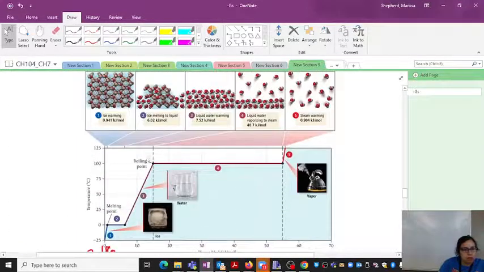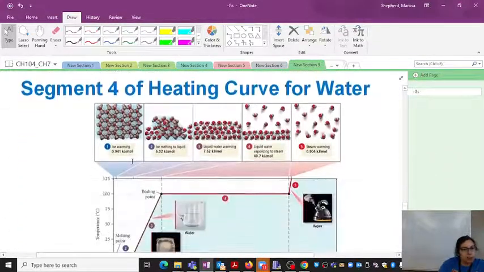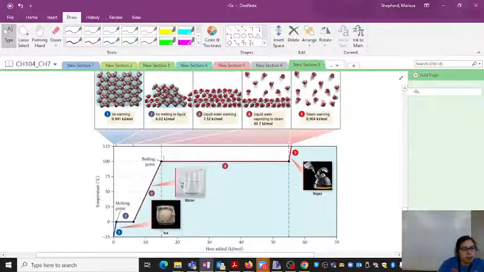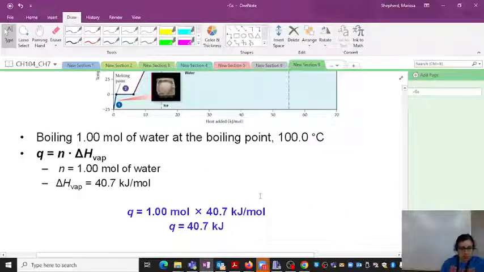So now we've brought it to the boiling point. So now it's time for this segment 4 here. So now we need to take our liquid water and vaporize it all. And since we're vaporizing, going from liquid to steam, or liquid to gas here, you find your delta H of vaporization.